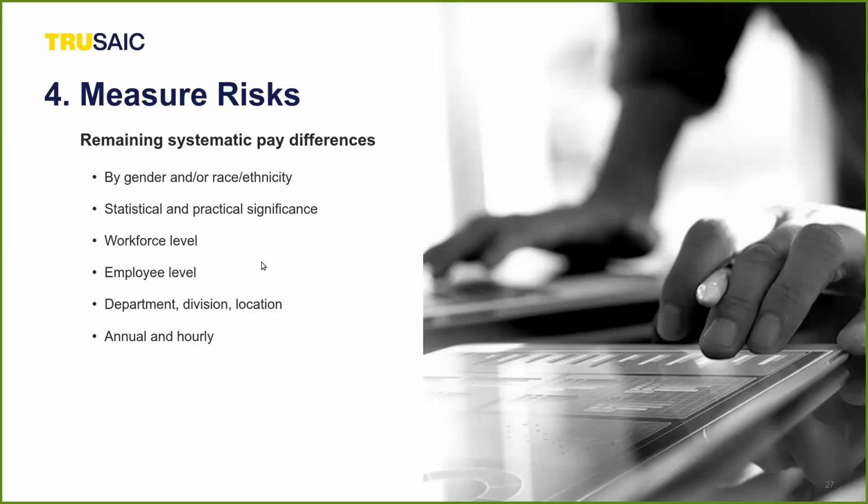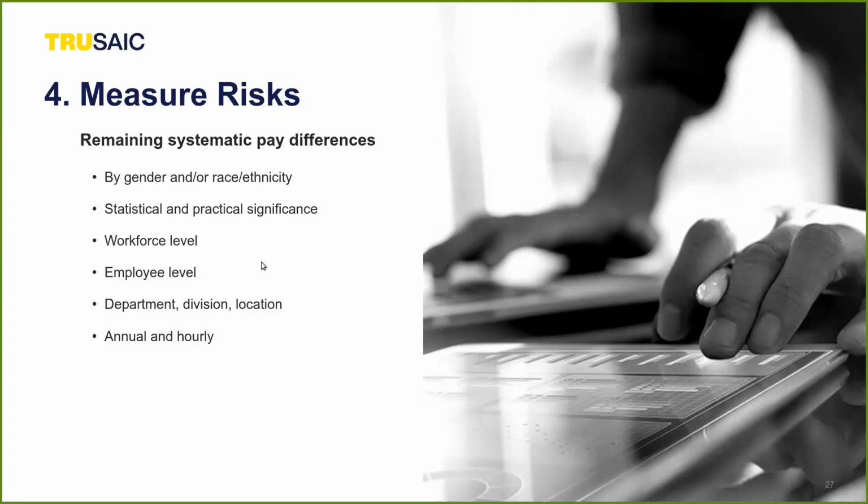A key point here is that an employer or organization ought to be able to view and quantify these measures and think about them from different levels. From a workforce level, what are the overall risks? Within individual departments, what are the risks? What's the cost of the disparities in terms of hourly differences?